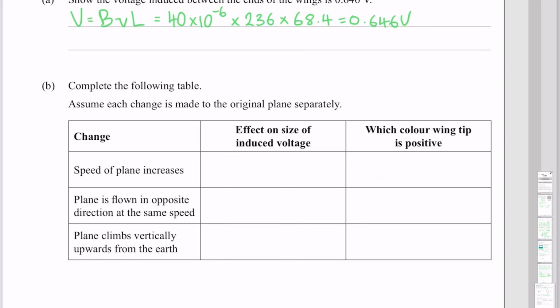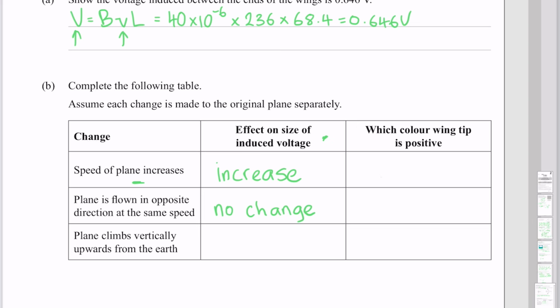Complete the following table. Assume each change is made to the original plane separately. So if the speed of the plane increases, the effect on the size of the induced voltage is that it's going to go up. We can see in this equation here that if the speed increases, then our voltage must also increase. If the plane is flown in the opposite direction at the same speed, the size of our induced voltage will not change.